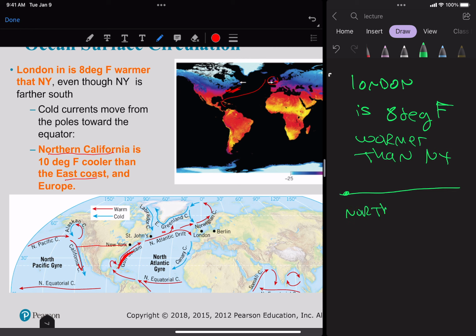So Northern California is about 10 degrees Fahrenheit cooler than the East Coast.